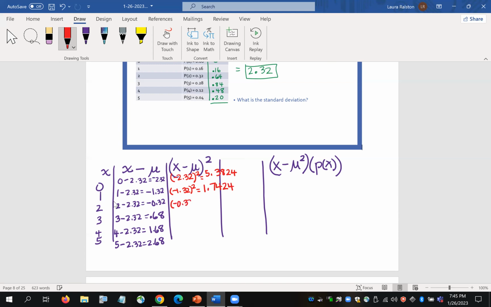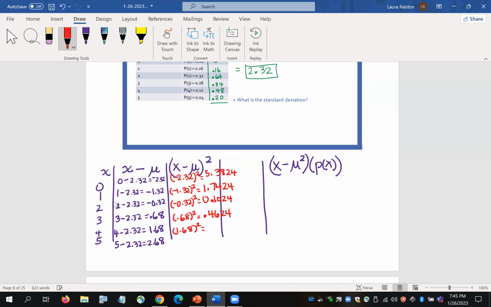Negative 0.32 squared is 0.1024. 0.68 squared is 0.4624. 1.68 squared.